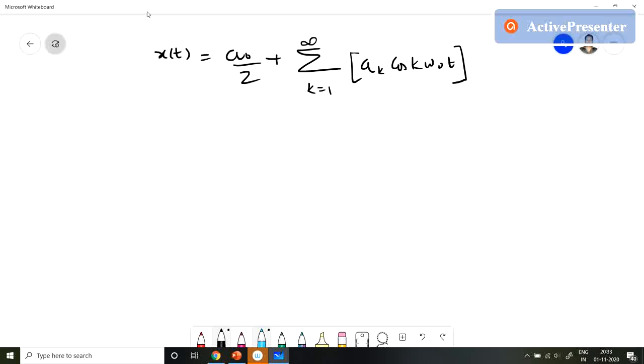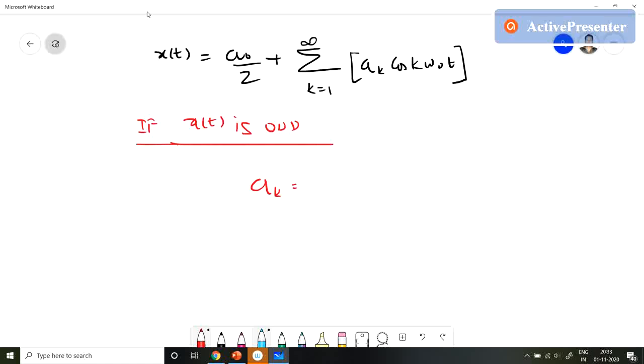Now, let us take the second case. If xt is an odd signal, then let us see the definition of ak.